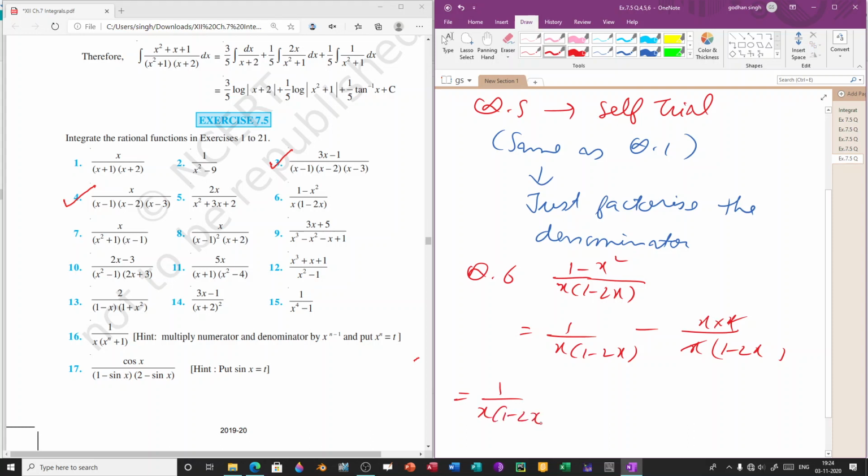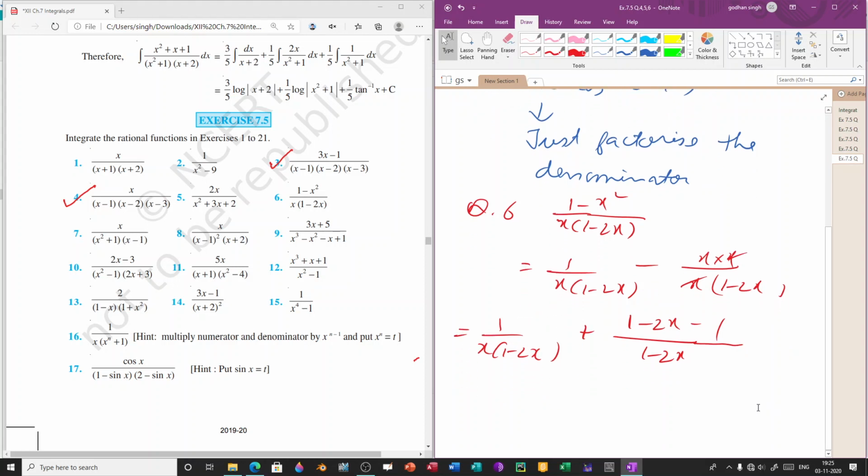We know how to integrate this. Because we have minus 2x here, we take minus inside with x, so it becomes minus 2x over 1 minus 2x. Then add 1 and subtract 1. Again we do the separation work.